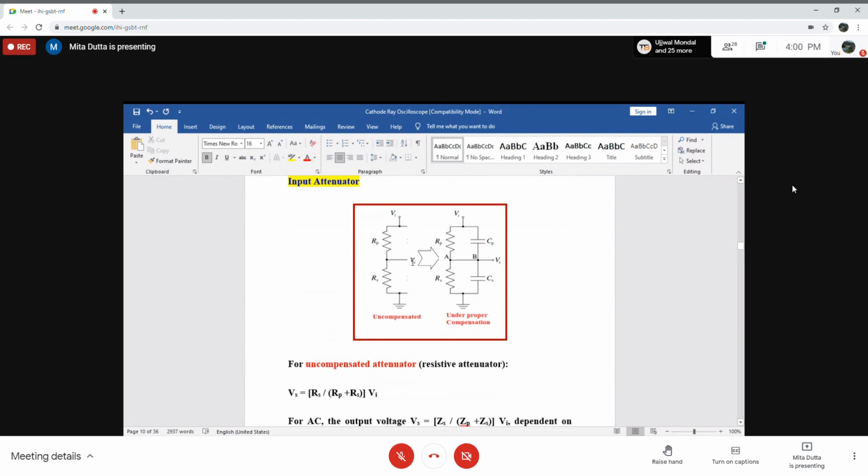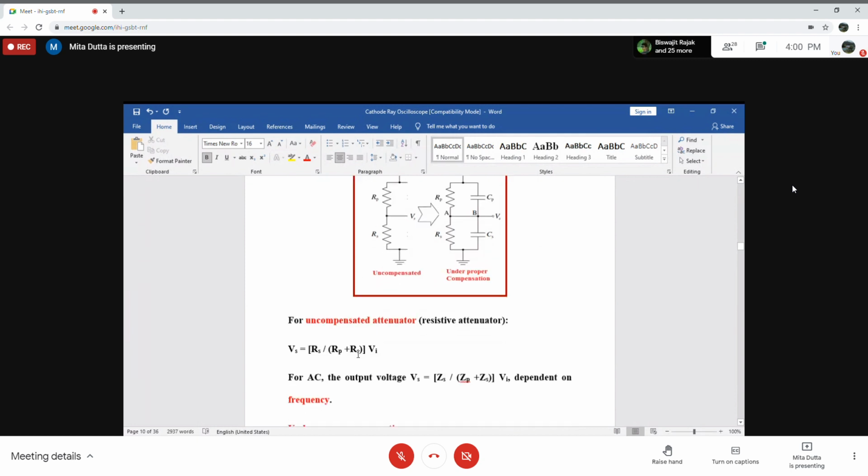Now in case of an uncompensated attenuator, the voltage Vs will be Rs divided by Rp plus Rs into Vi. But if we are using AC, then this will be in terms of impedance, Zs divided by Zp plus Zs into Vi, and we know the impedance depends upon the frequency.